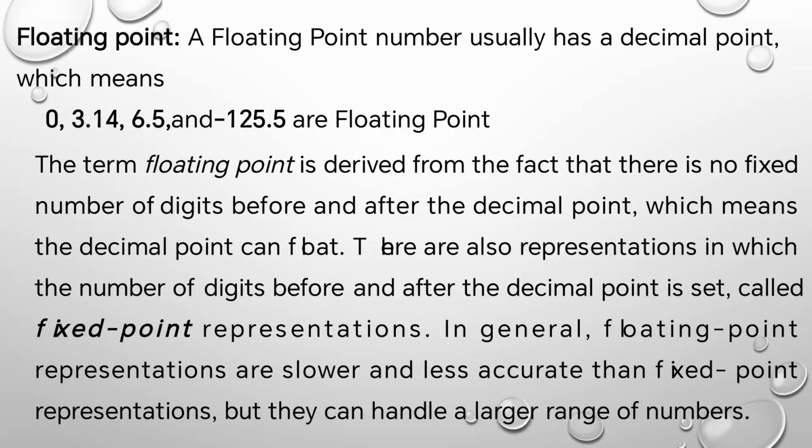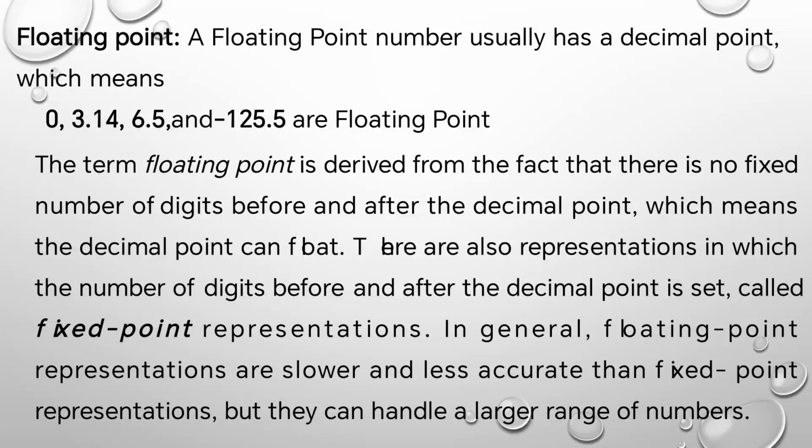Floating point. A floating point number usually has a decimal point, such as 0, 3.14, 6.5 and minus 125 point something. The term floating point is derived from the fact that there is no fixed number of digits before and after the decimal point, which means the decimal point can float.